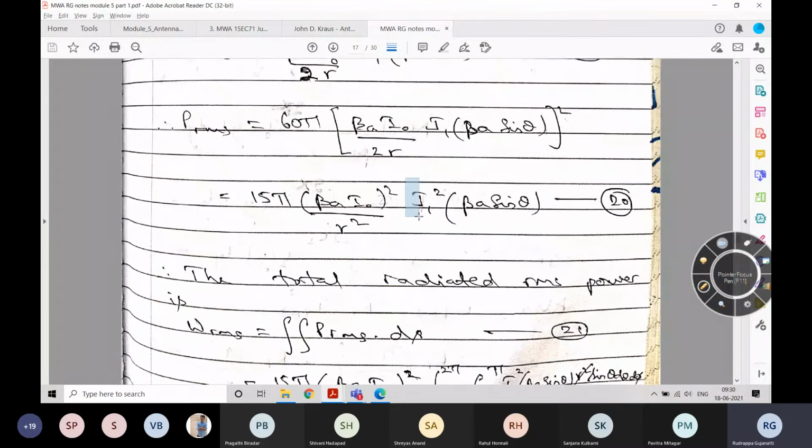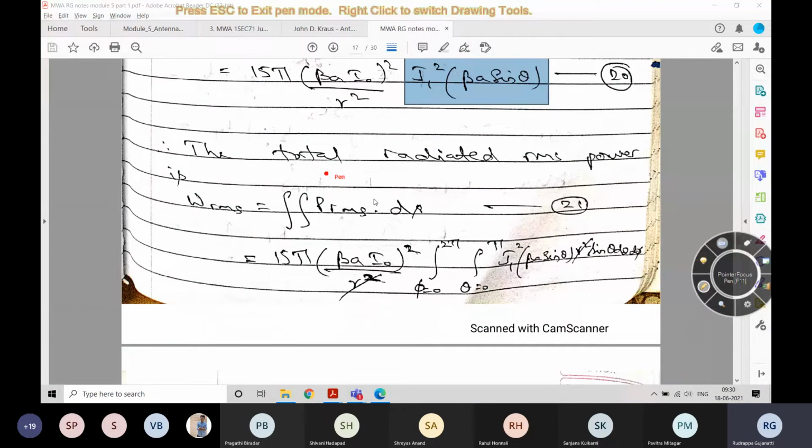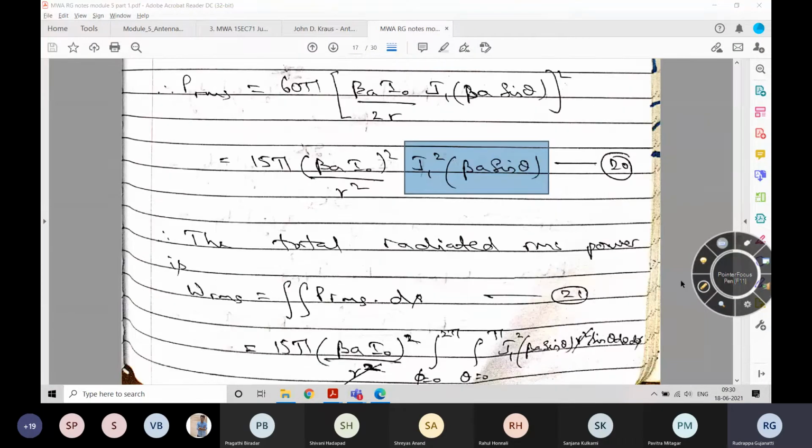Now we make use of one of the properties of the Bessel function. In this case, we obtained the average Poynting vector, or what we are specifying as the RMS value of the Poynting vector.